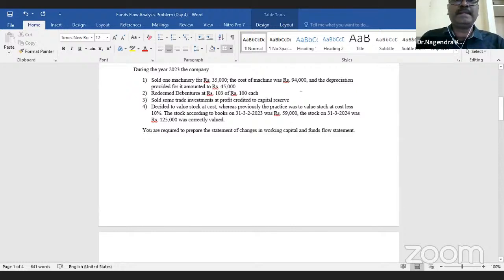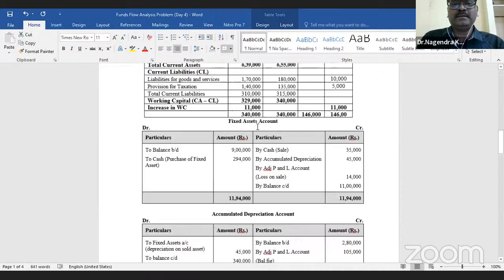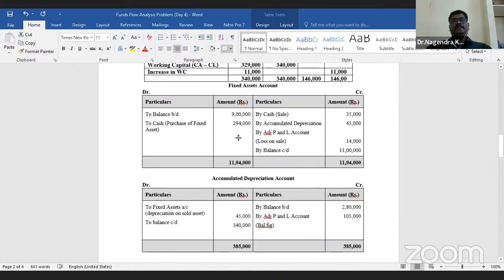So we have to make an adjustment for this, and out of this we have to understand whether the cash has been inflown or outflown by the sale or purchase of machinery. The fixed assets balance shows 9 lakhs and 11 lakhs during the year. See, this is the opening balance and this is the closing balance.